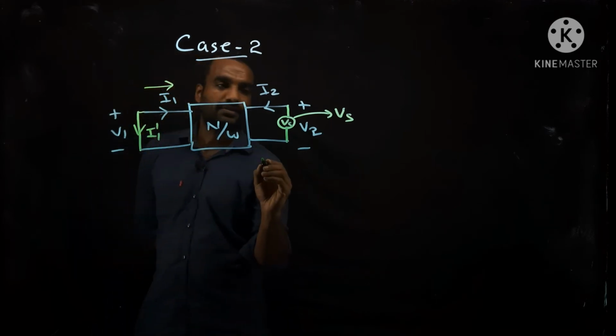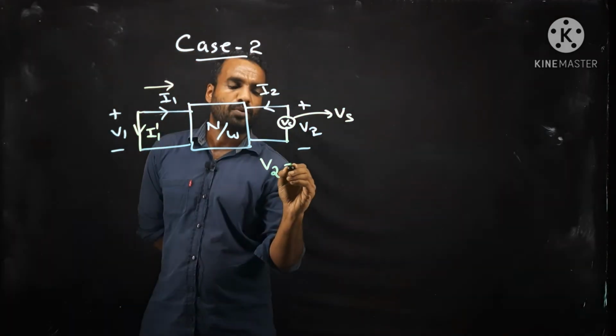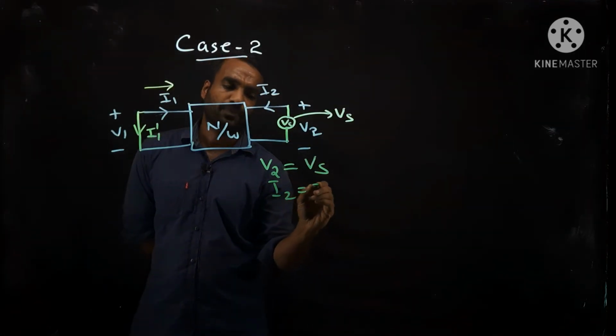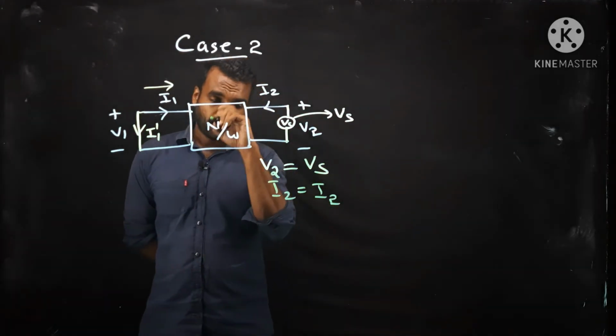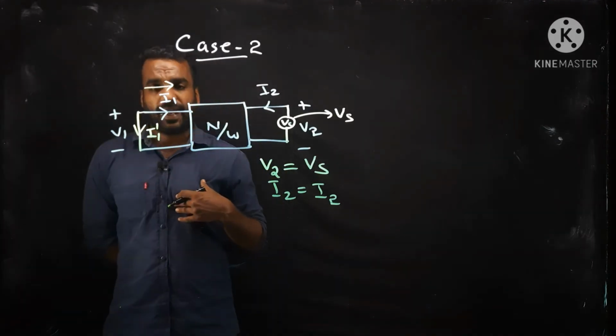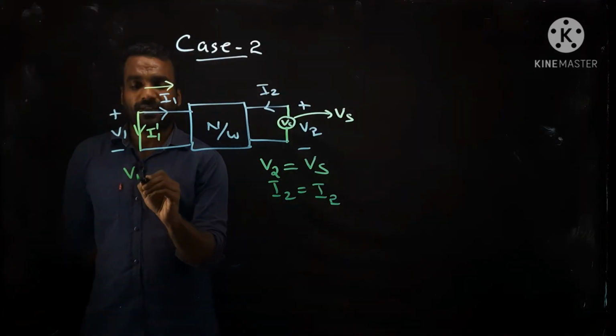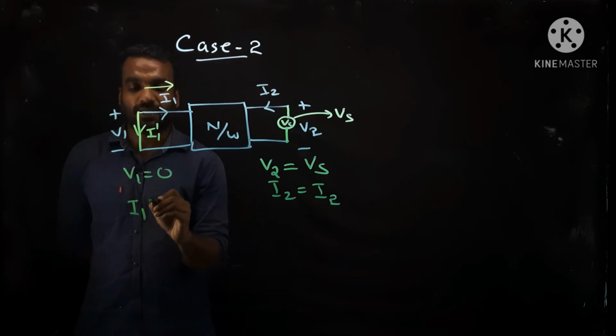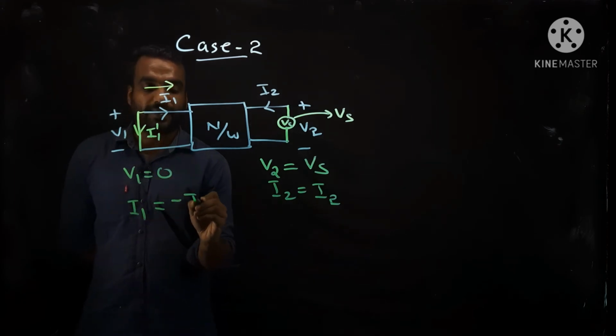So what are the conditions? Now V2 is no more V2, it is renamed as Vs. I2 is I2 itself. And V1 is 0 because we short circuited. And the response current I1 is nothing but minus I1 dash.